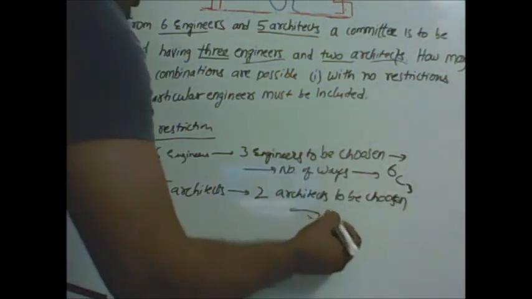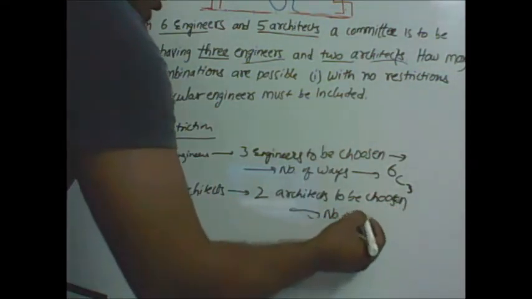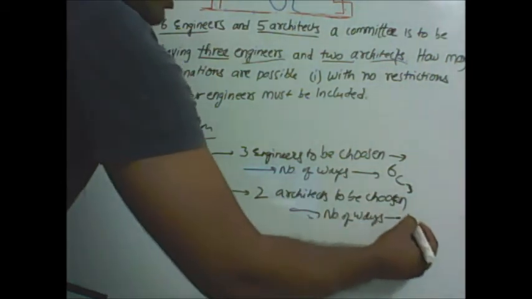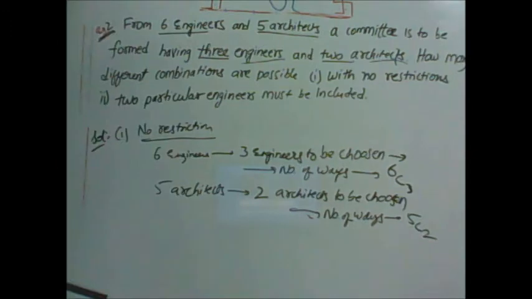So the number of ways for choosing architects is 5C2.